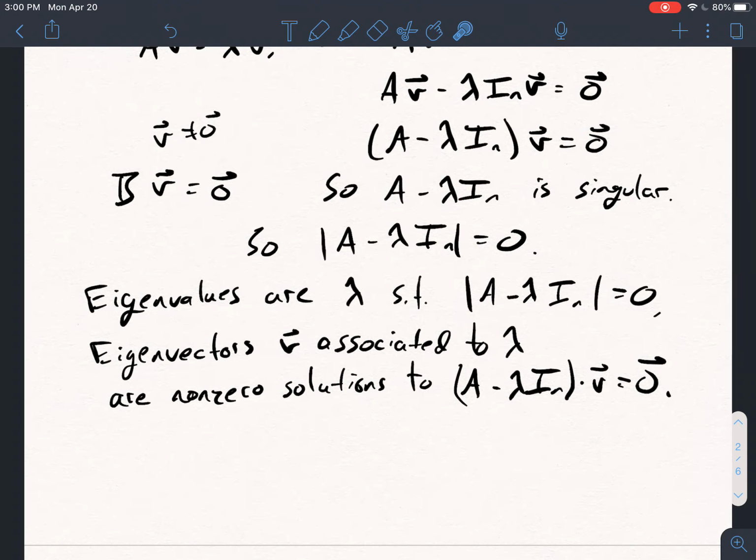So here's our general process. We find our eigenvalues by setting this determinant of A minus lambda I equal to 0 and then solving for lambda that way. This will be a polynomial. I'll do an example in a minute to show you how this works out.